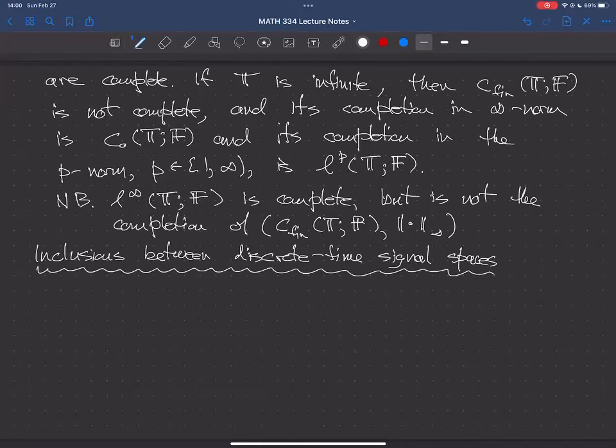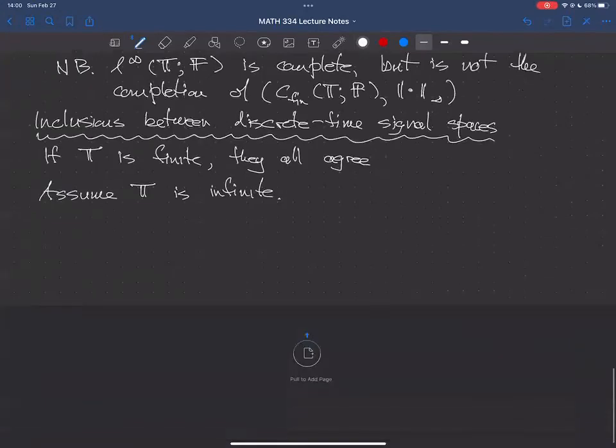Again, if T is finite, they're all the same, so that's dull. So assume that T is infinite. All right, so how are these things related?